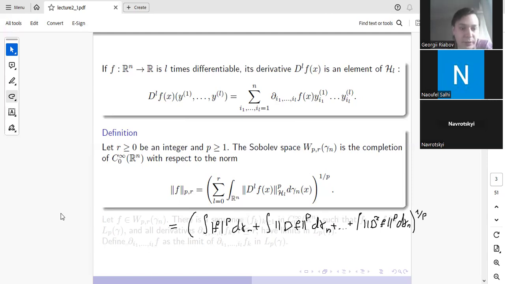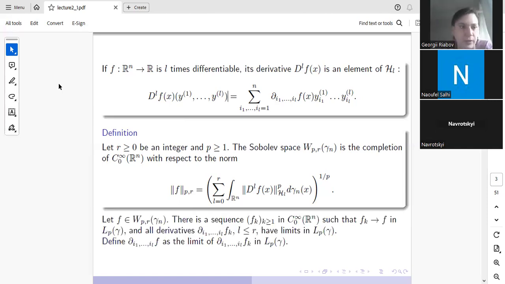So now I will explain it in more detail. Assume that we have a function from the Sobolev space. Then it can be approximated by infinitely differentiable functions with compact support in LP in such a way that all partial derivatives of these functions fk also have some limits in LP.